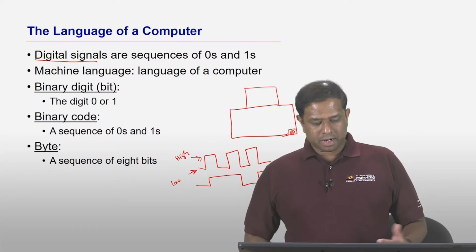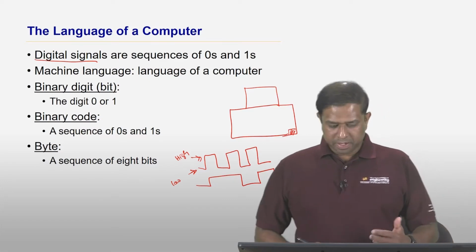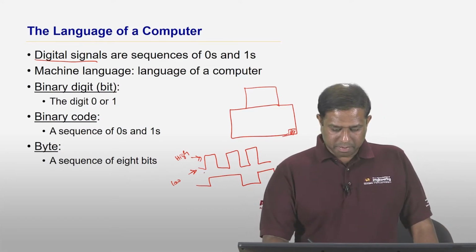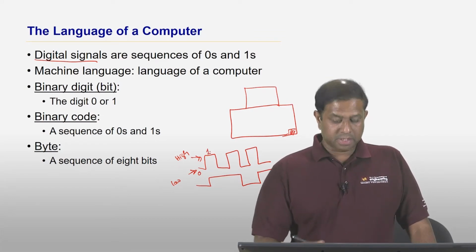Now, how can we represent these high and low voltages in a more encoded way? The easiest way is to represent the low voltages using zeros and the high voltages using ones.